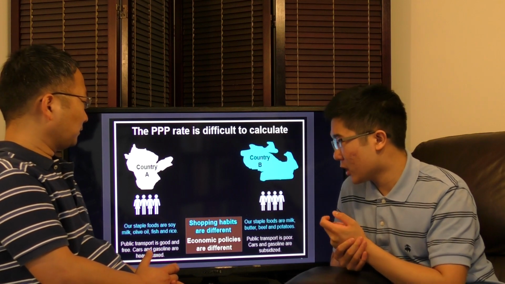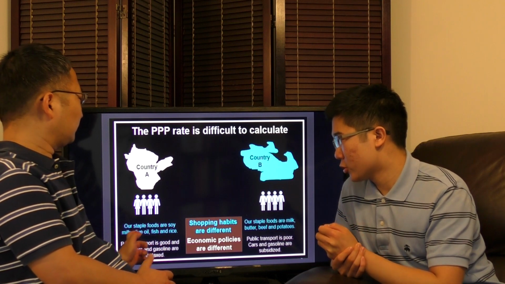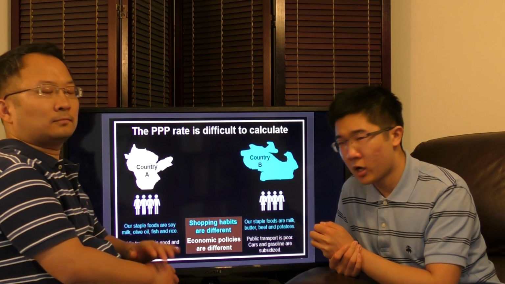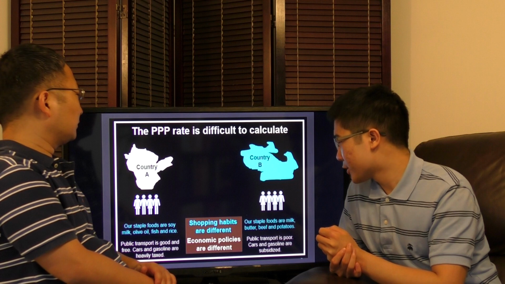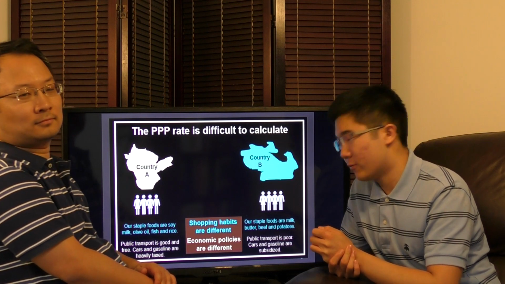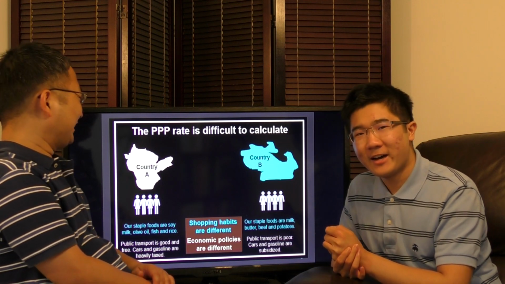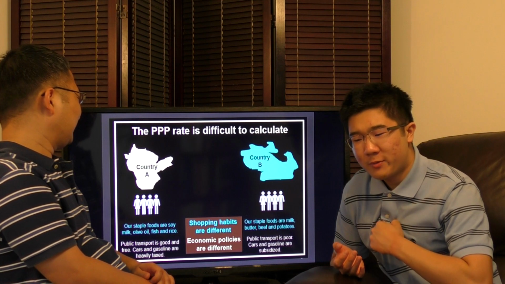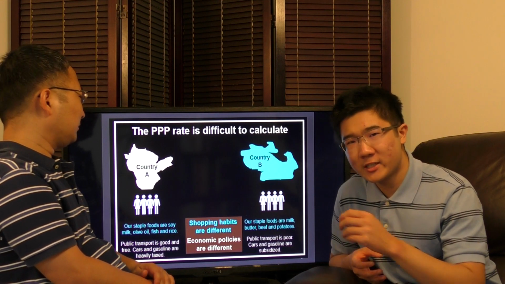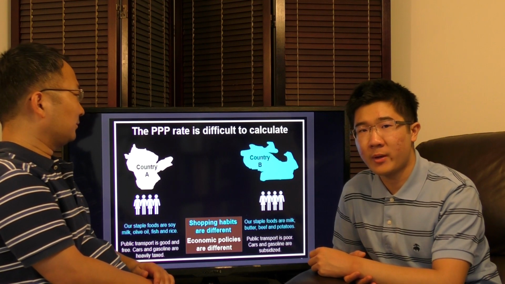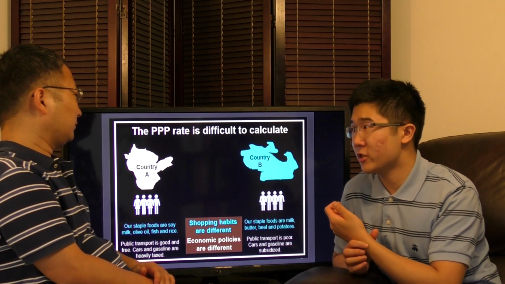For instance, in Greece the staple foods might be olive oil, fish and rice, while in the U.S., staple foods are milk, butter, beef, and potatoes. So it comes down to which staple goods we use to build one constant basket of goods to find PPP.